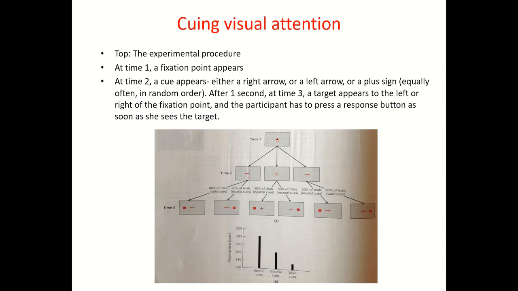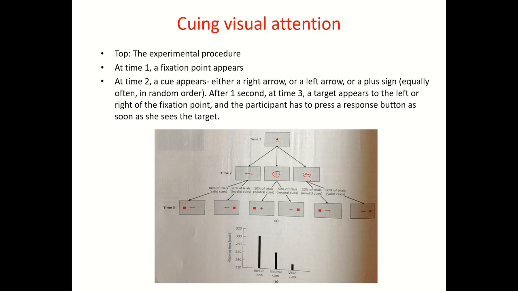If the cue is this one, that means you should pay attention to the left. So the target will appear on the left side, and if it is a plus sign, that means no signal is there. This is a neutral cue. And this is also a valid cue.